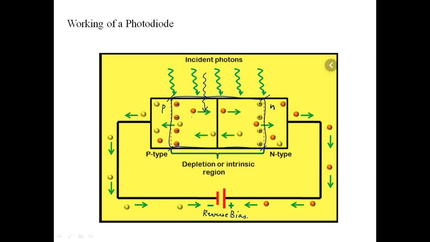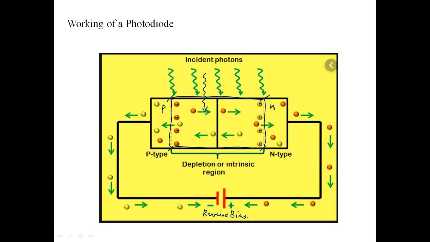Now how do they get generated? When light falls on them, there is a transfer of light energy to the crystal, due to which we say that there is a transfer of thermal energy. Light to thermal. So due to that exchange of energy, thermally generated minority carriers appear.